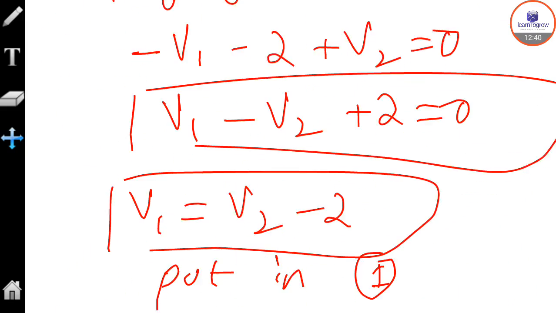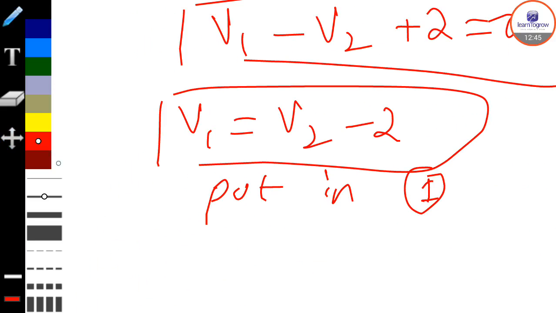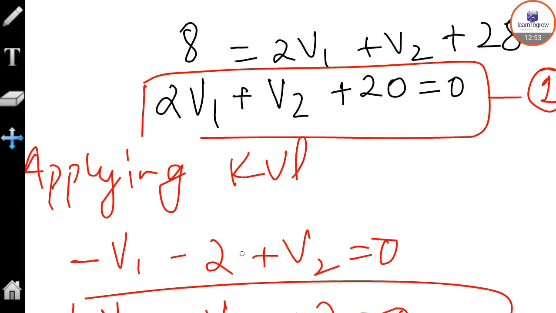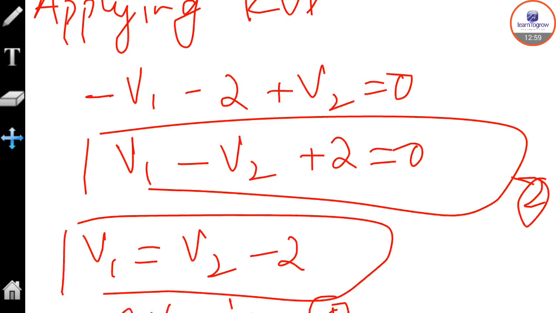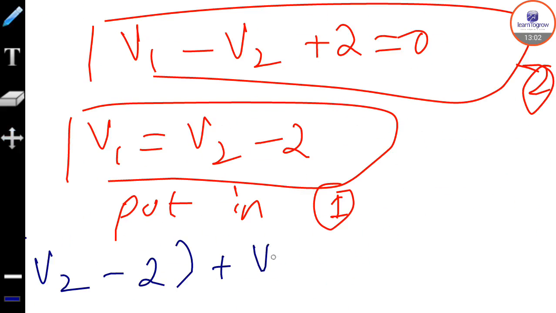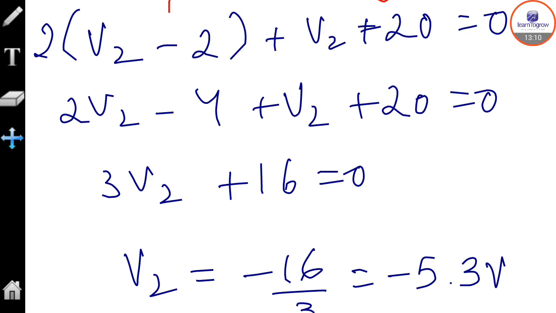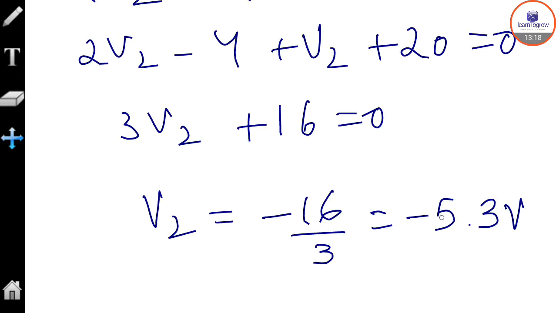So in place of V1 I'll put this: 2 times V2 minus 2, plus V2 plus 20 equals 0. Okay, now I'm solving this. Now you can see here I have successfully solved for the V2 value.